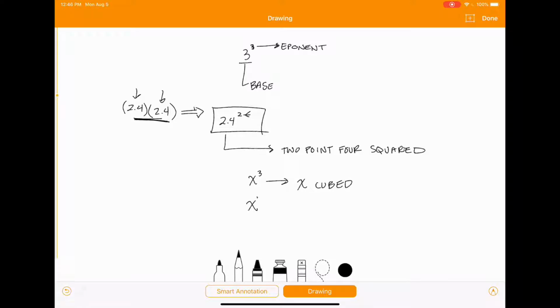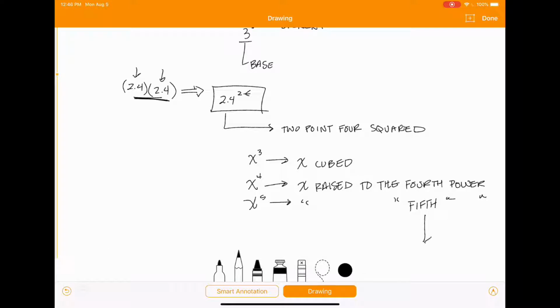If we had it to the 4th, it's going to be x raised to the 4th power. If we had 5 as our exponent, it's going to be x raised to the 5th power, and so on as you go down. The only two that have special wording that goes along with them is squared and cubed.